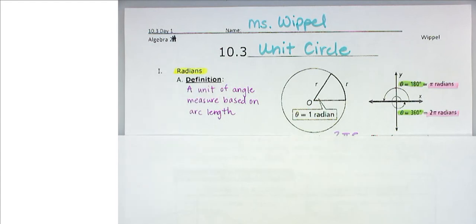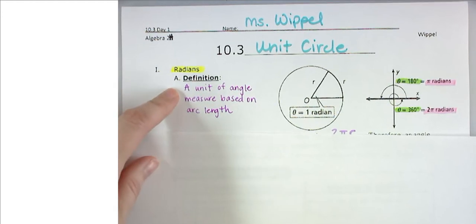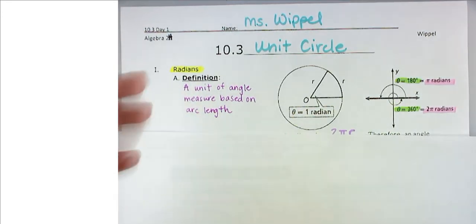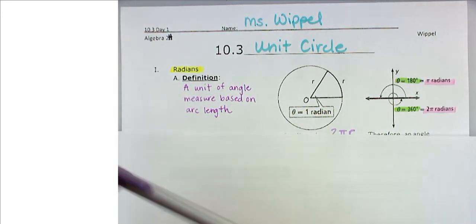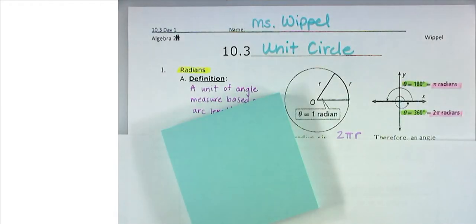The official definition says it's a unit of angle measure based on arc length. A really good way to think of it is in terms of measurements, like for temperature. What are different ways that you can measure temperature?